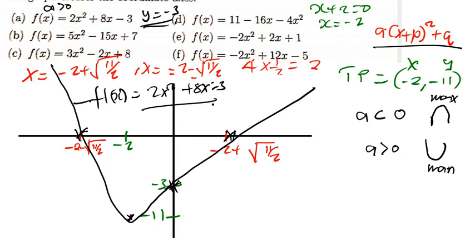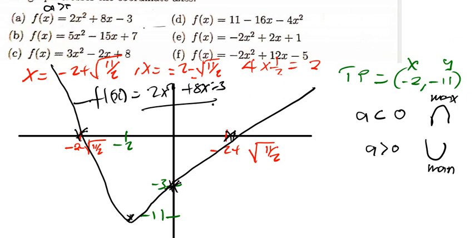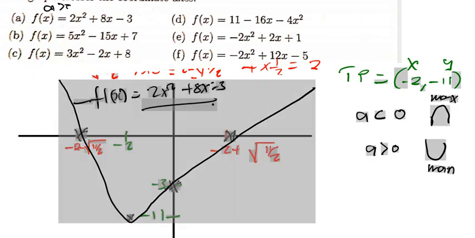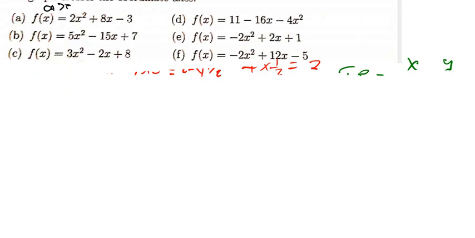Or maybe let me try part B and then I'll leave this other one so that you guys can practice. So let's do part B. Okay, so let's see. Part B, the first thing, remember, we have to factor out what? We have to factor out a.